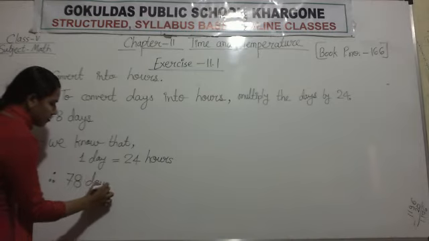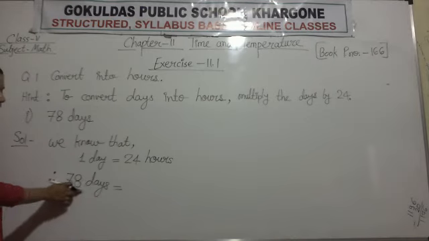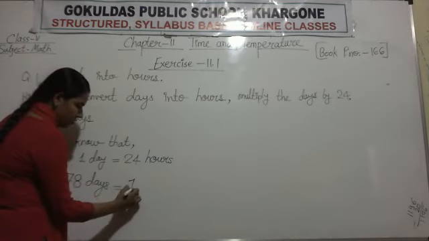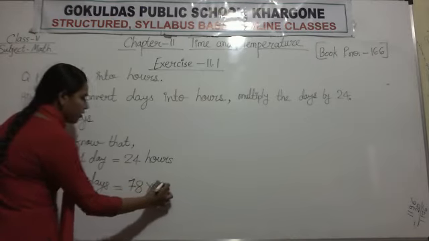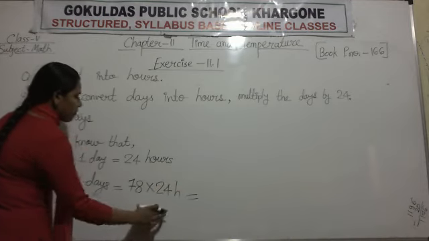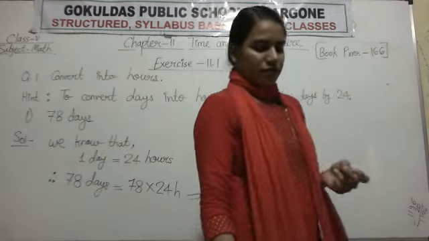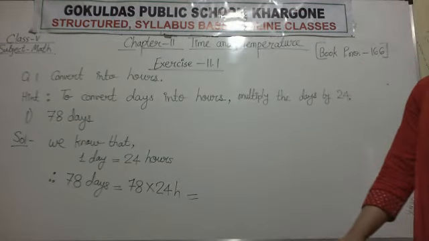78 days. What do we do to convert days into hours? We multiply these days by 24. 78 multiply 24 hours. Multiply both the numbers. Arrange both the numbers column wise and get your answer.